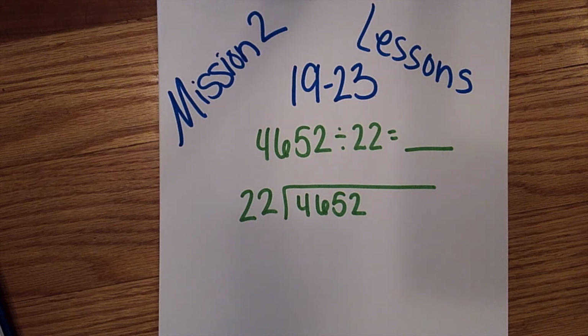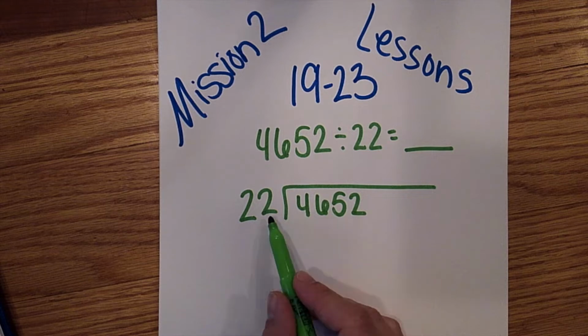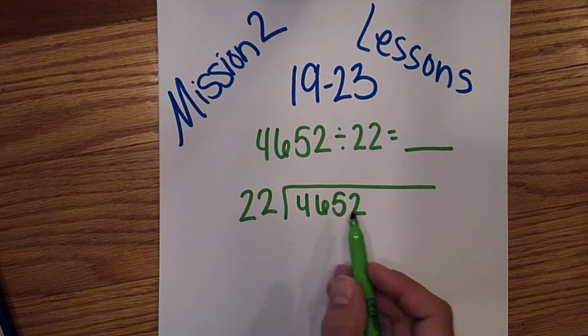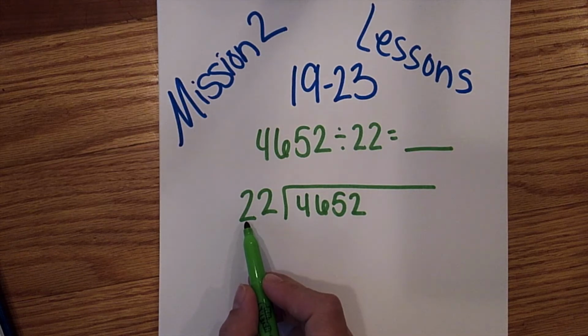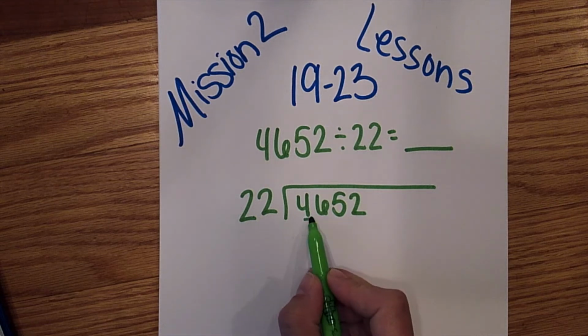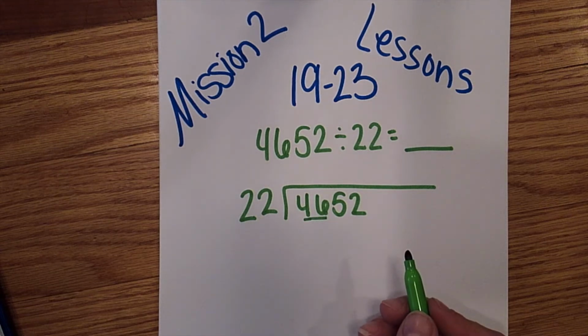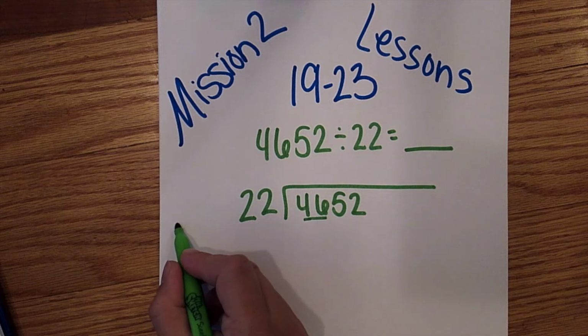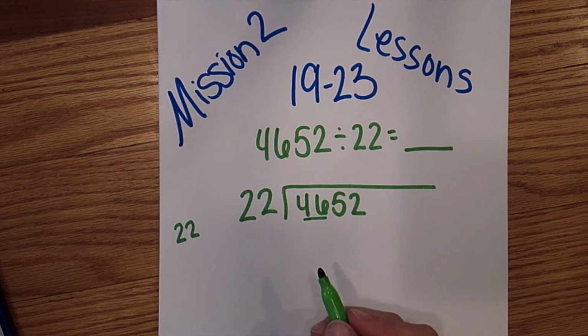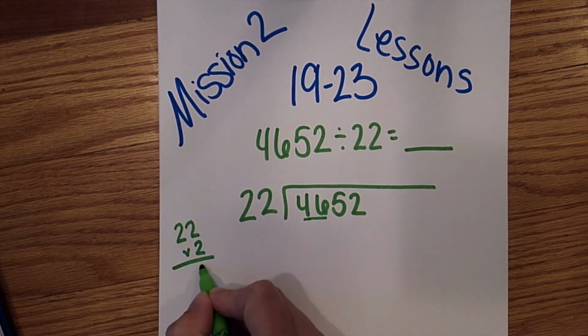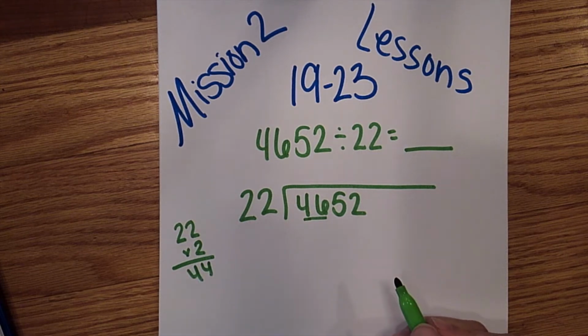In our last set, we talked about how instead of looking at 22 divided into 465, let's just look at 2. How many times does 2 go into 46? 2 times 2 maybe? Okay, that gets us really close.